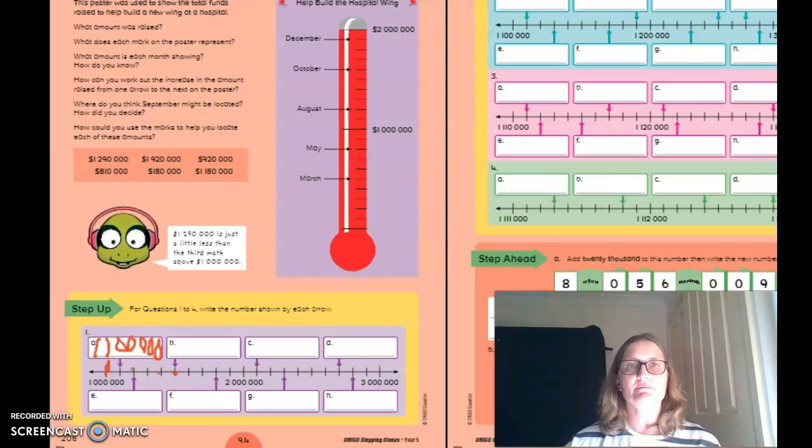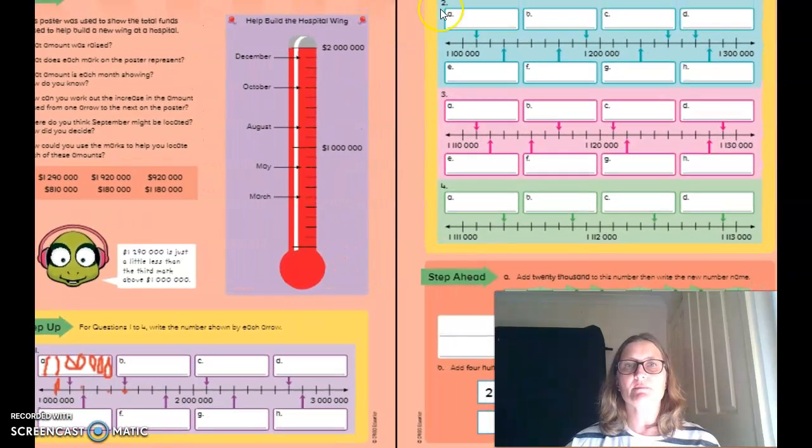This next one up here, question number 2, same thing. This first one, don't get tricked by it because it's past 1 million now. We're between 1,100,000, 1,200,000, and 1,300,000. So this one's broken up differently. It is still in 10 parts, but it's going to be 1,110,000.